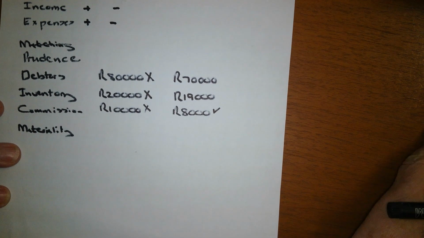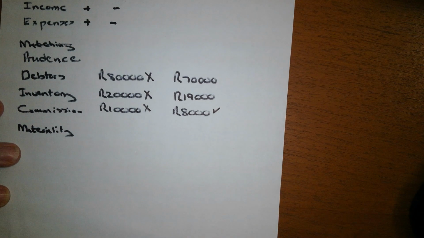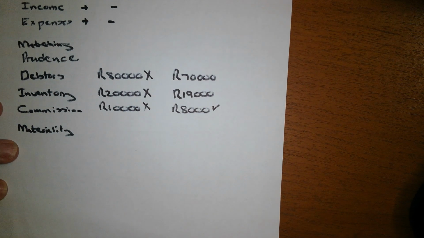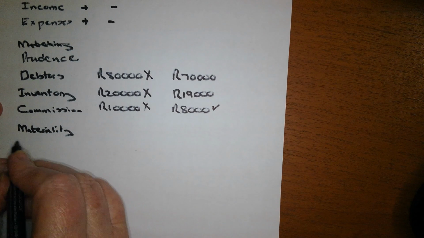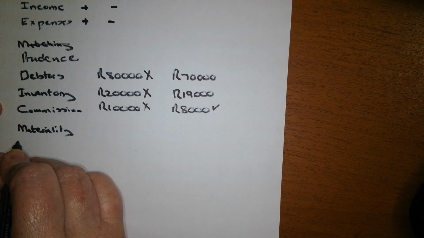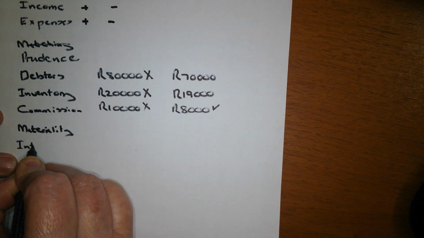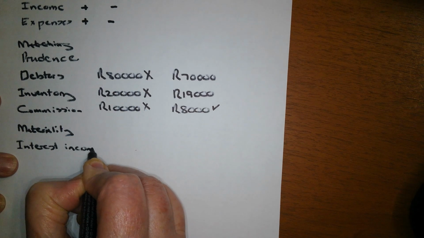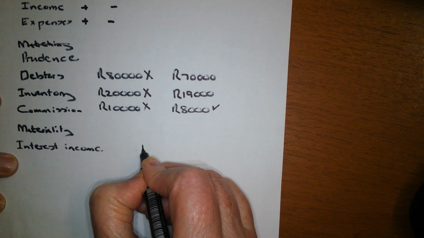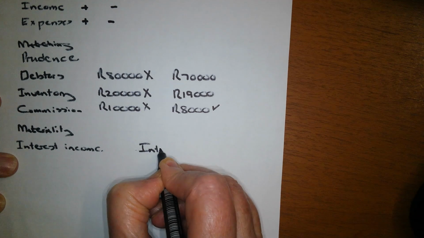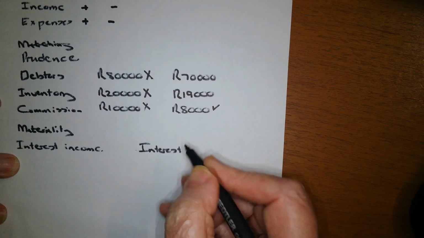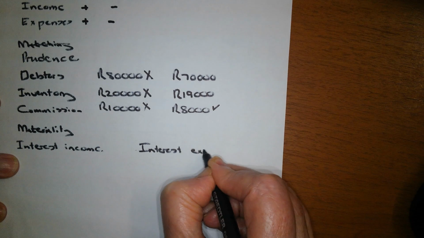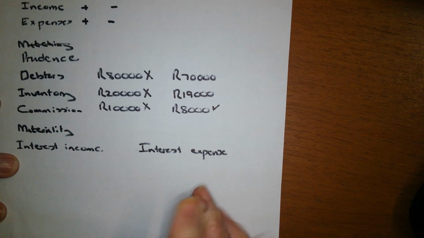That means you are not allowed to put expense and income together. So for instance, if I have interest income, so I have investment and I receive income, and I also have a mortgage and I pay interest. So I've got an income and expense for interest.